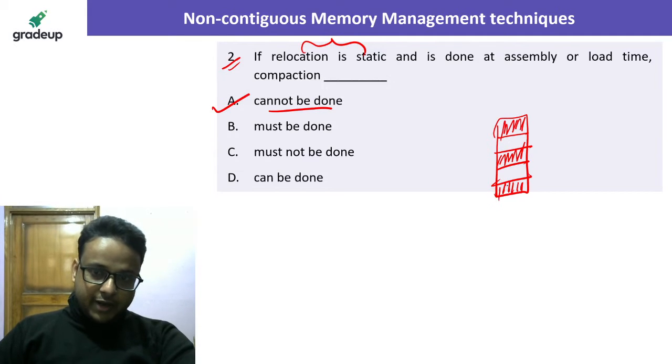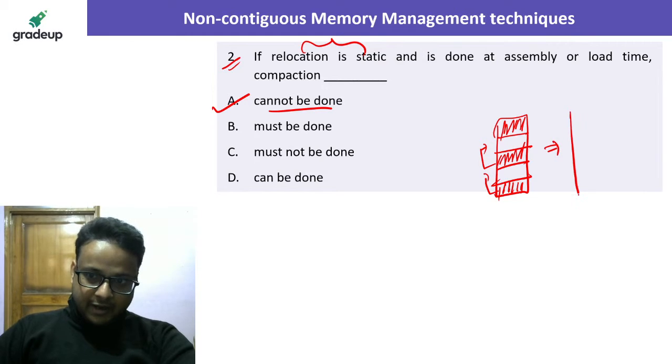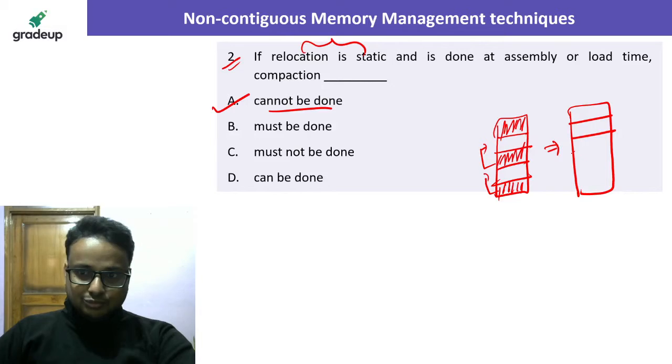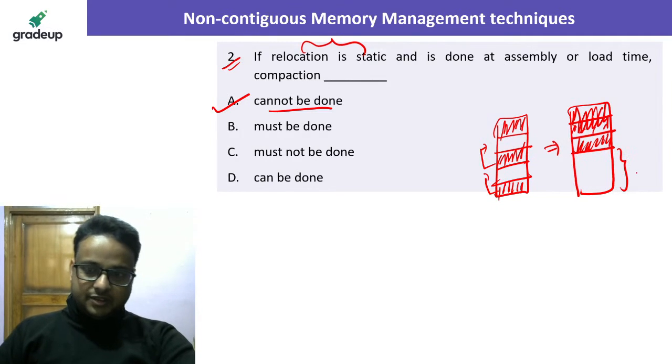Now what I can do is move this allocated area up, and this one up. So at one end I will have all the processes, that is the occupied area, and I will have the free space. This is known as compaction.